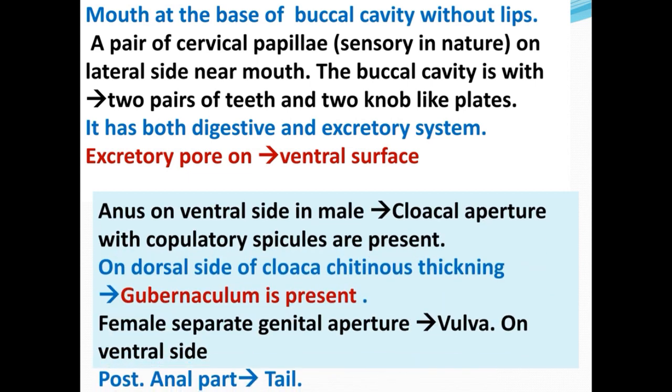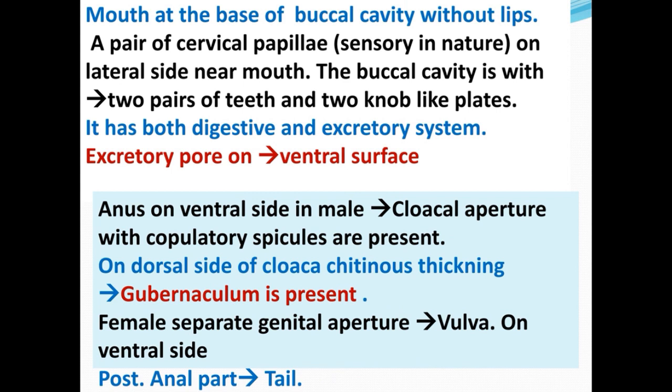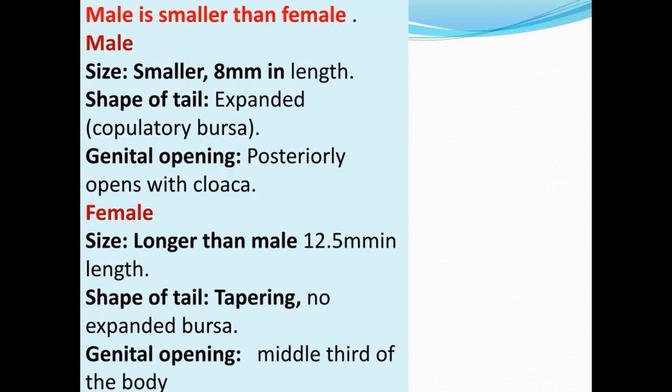The anus on the ventral side in the male is known as the cloacal aperture, which has the copulatory spicules. On the dorsal side of the cloaca, a chitinous thickening, the gubernaculum, is present. In the female, a separate genital aperture, the vulva, is present on the ventral side, and the posterior anal part in the female is known as the tail. So the male is smaller than the female.